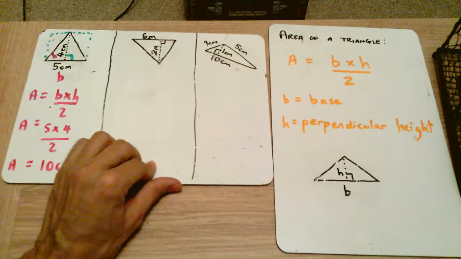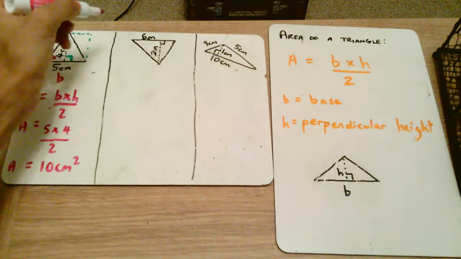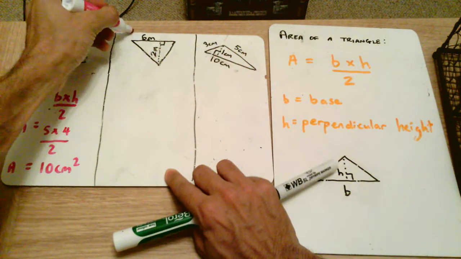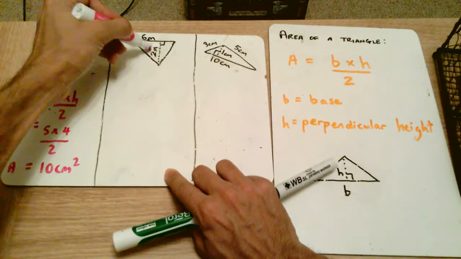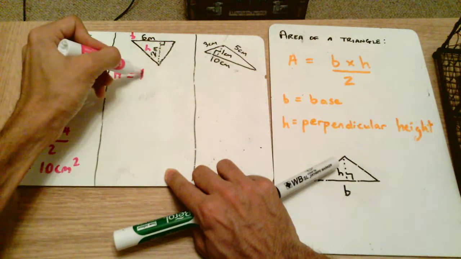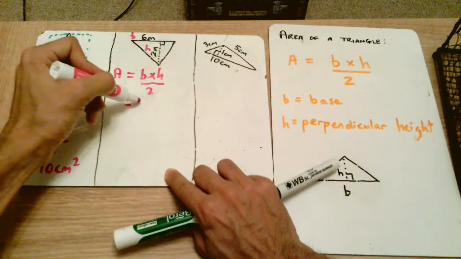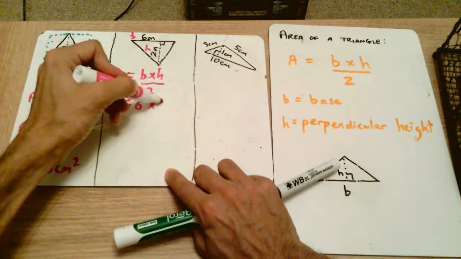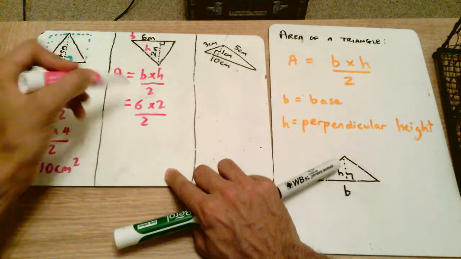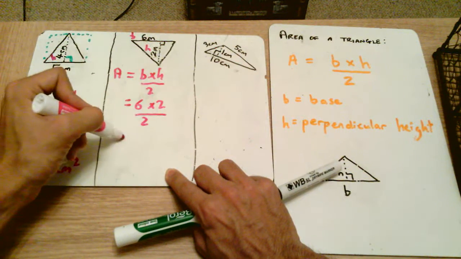I'm just going to put it back and now label our lengths. Our base is the 6, our height is the 2, and we put it into our formula. Area is base times height divided by 2, which is 6 times 2 divided by 2. 6 times 2 is 12, divided by 2 is again 6.